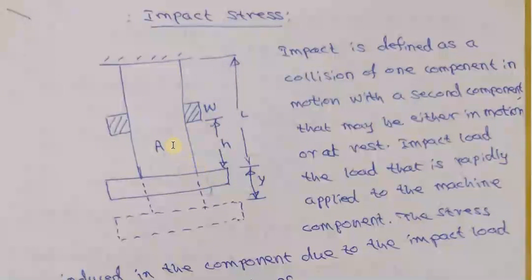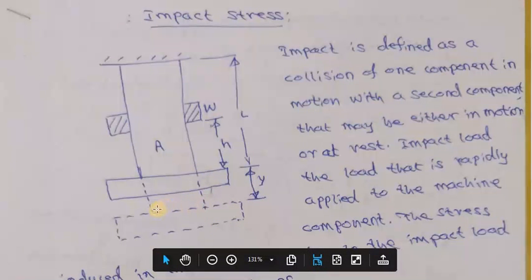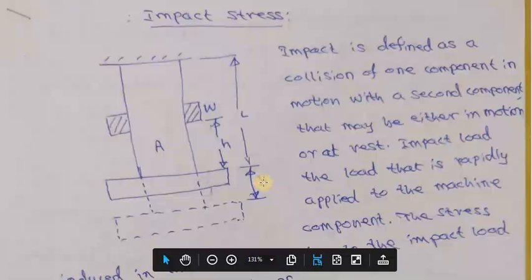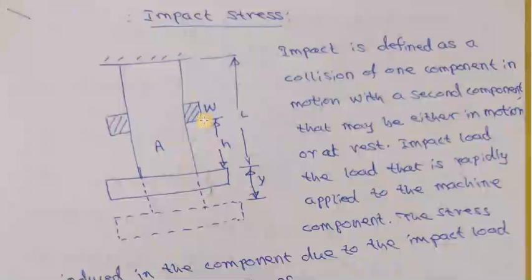As a result, since this is elastic material, it will move down. The dotted line I have shown here is the deformation, so this member will move by a deformation y. Therefore, the load W is going to lose energy, which is the potential energy, as it falls from the height.